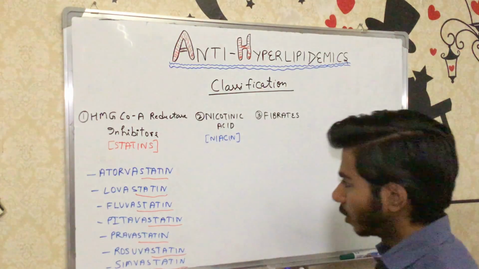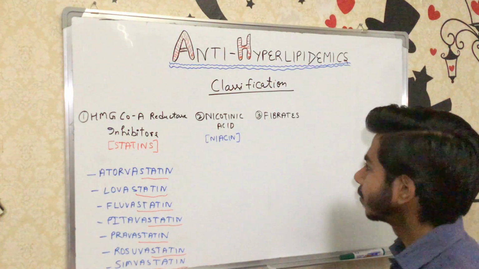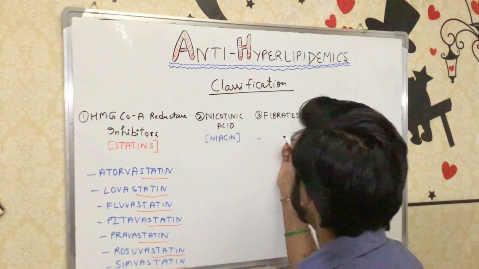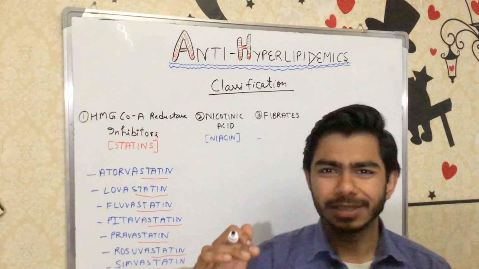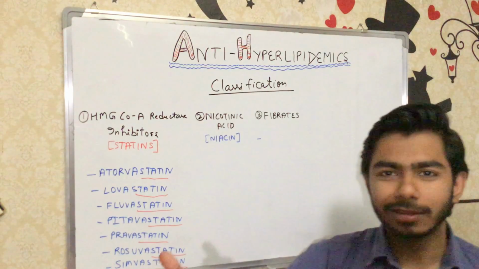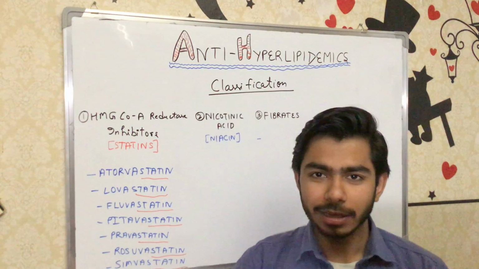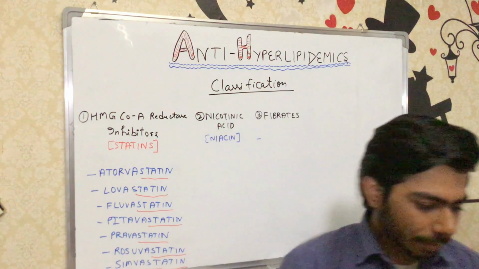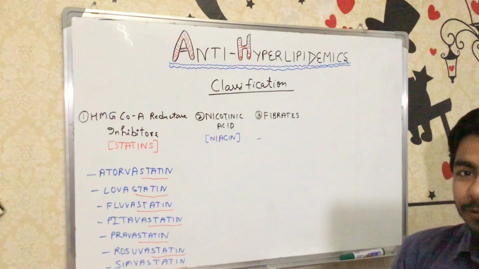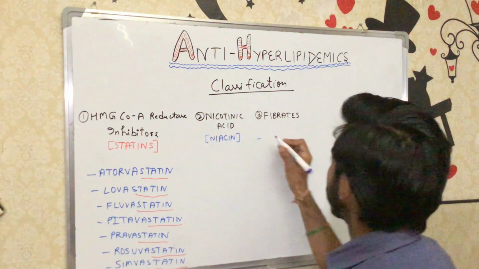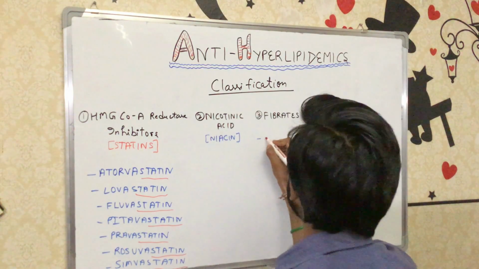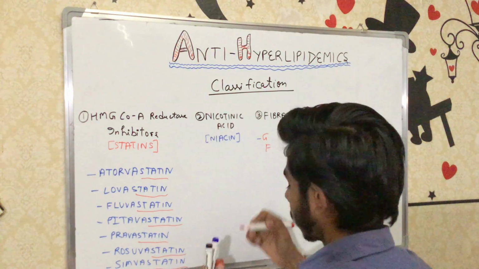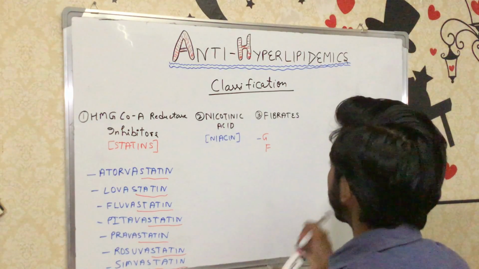Under which we have drugs like, I have made a mnemonic, GF, which means you can remember it with the term girlfriend. G for gemfibrozil, and F for fenofibrate. So gemfibrozil and fenofibrate.